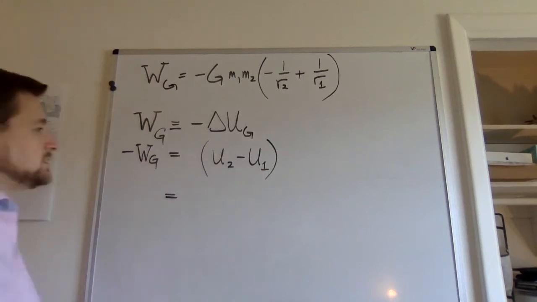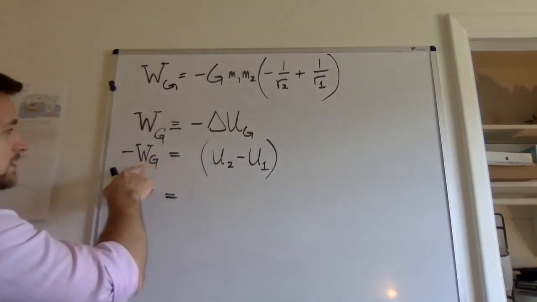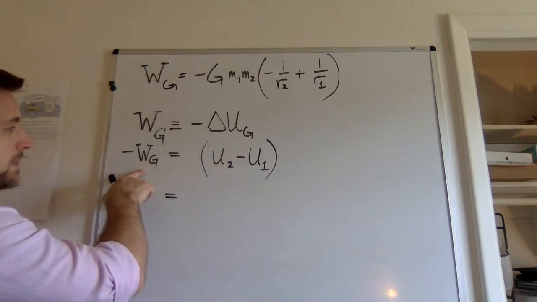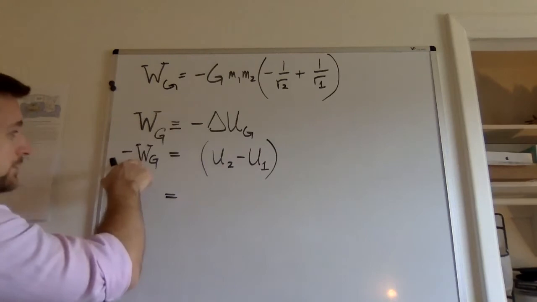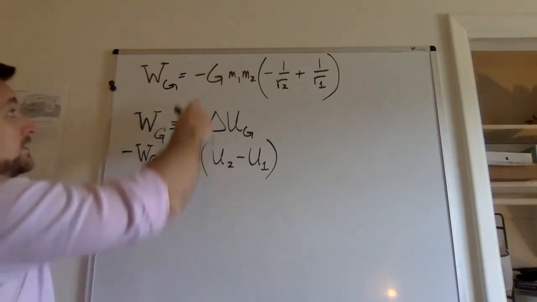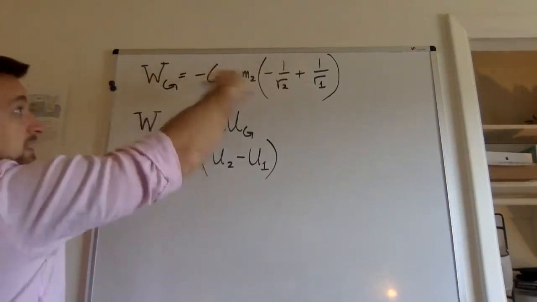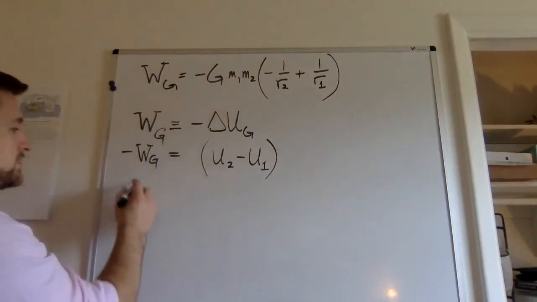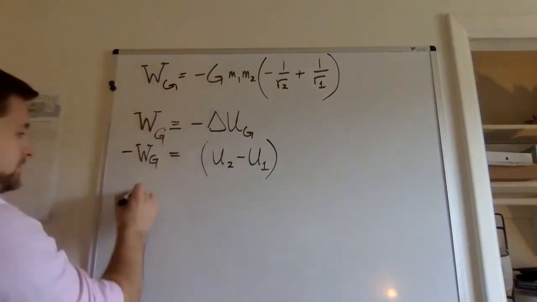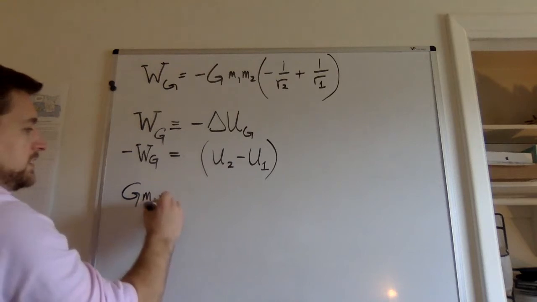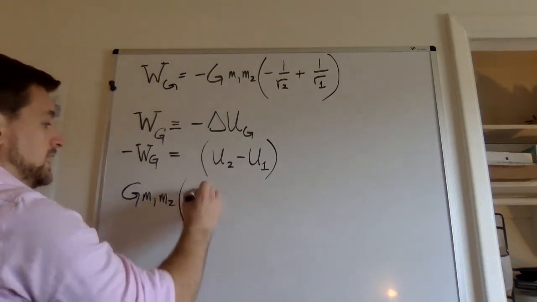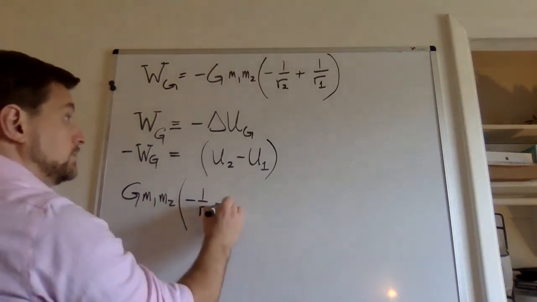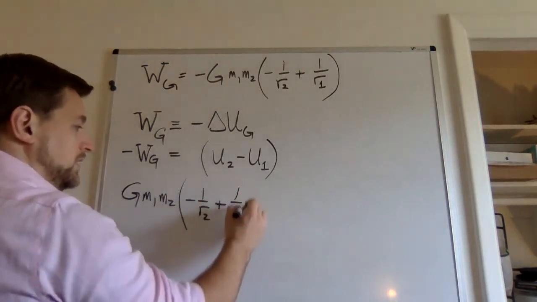All right, but the negative of the work done by gravity, that's the negative of that integral we just took. So that's the negative of the negative G M1 M2 times negative 1 over R2 plus 1 over R1.